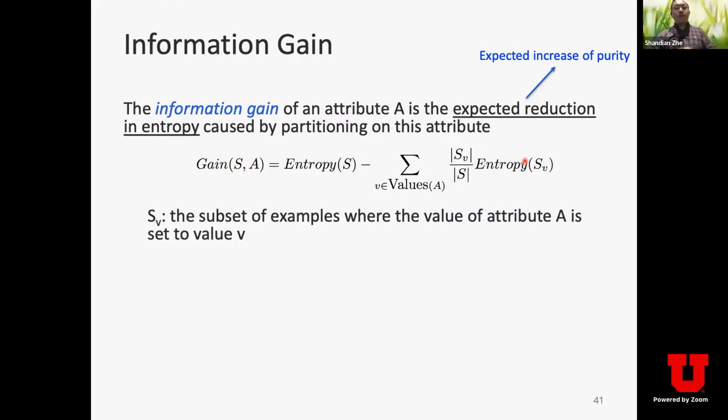I take the weighted average and take the difference between them. It tells me the expected reduction of the uncertainty of those labels after I split S with A. As we just mentioned, this reduction of entropy indicates the improvement, or the increase, of the purity.